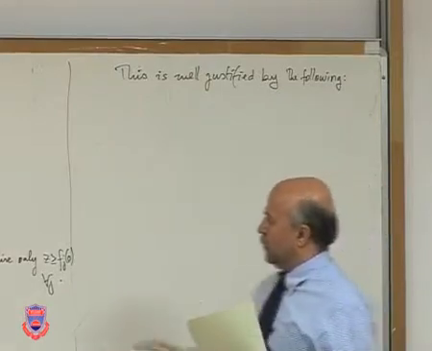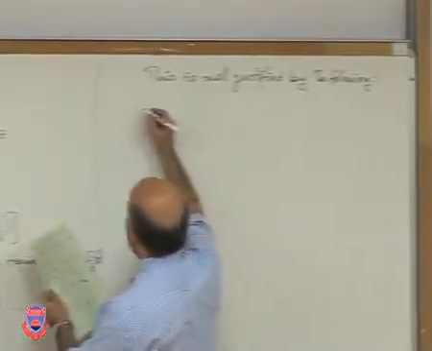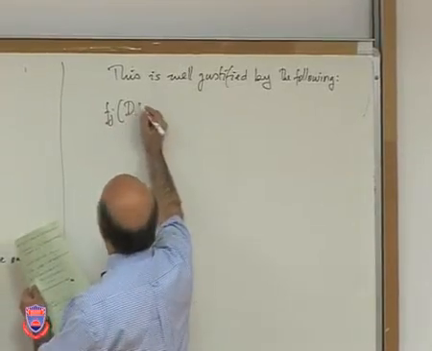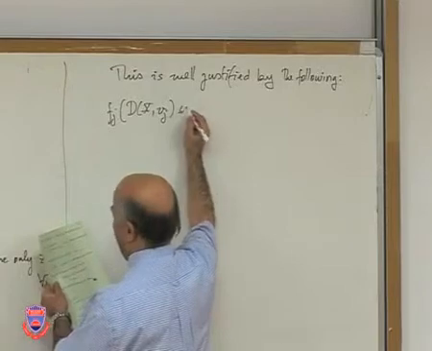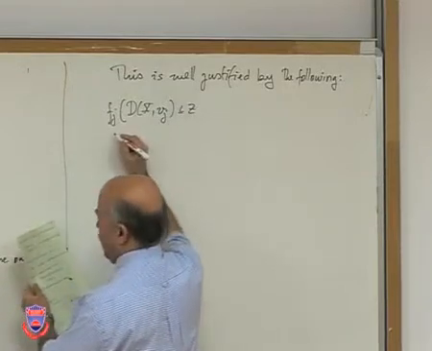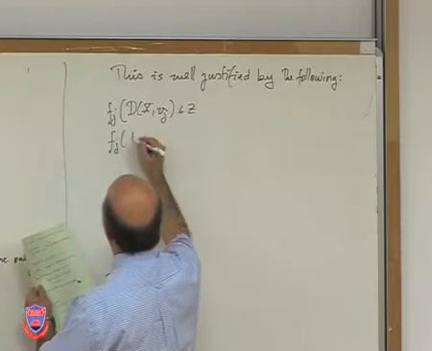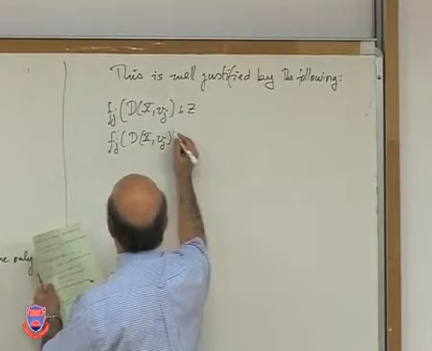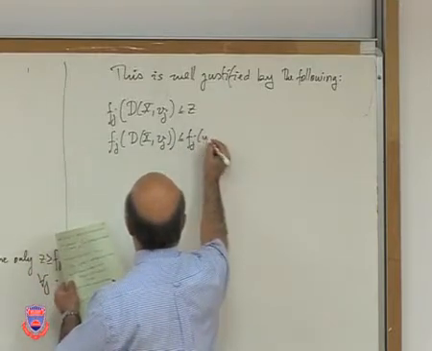Okay, this is well justified by observing the following. If you look at the constraints, fj of dx vj less than or equal to z, and fj of dx vj being less than or equal to fj of uj.